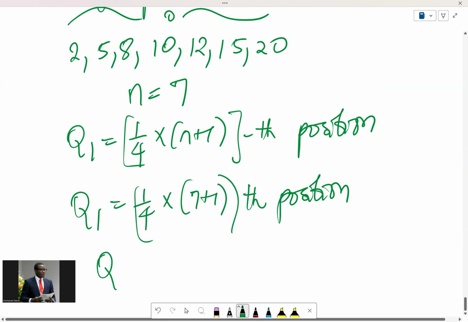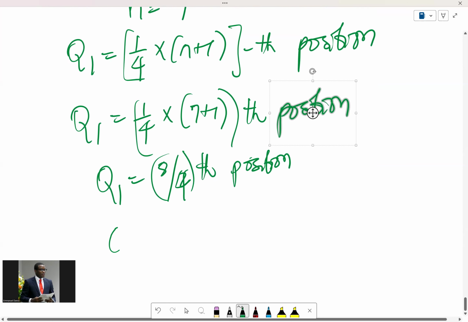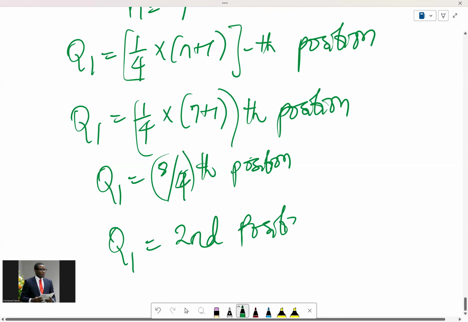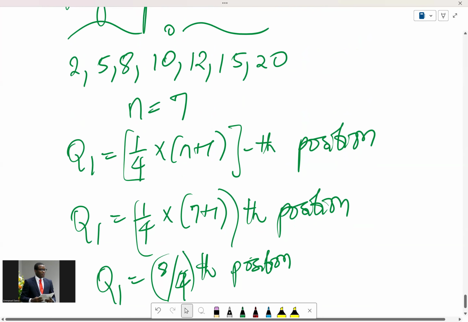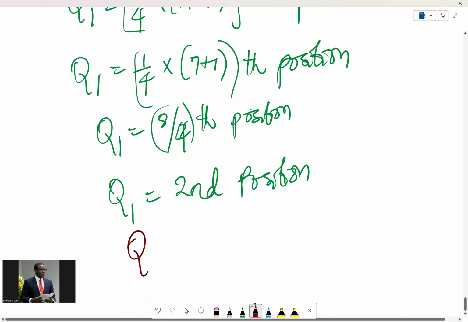So Q1 is the value in the second position, which is simply 5. So the lower quartile for the data is the value 5.